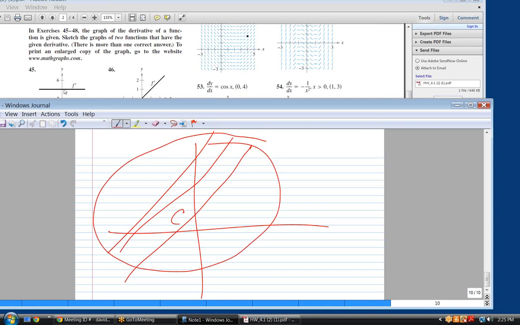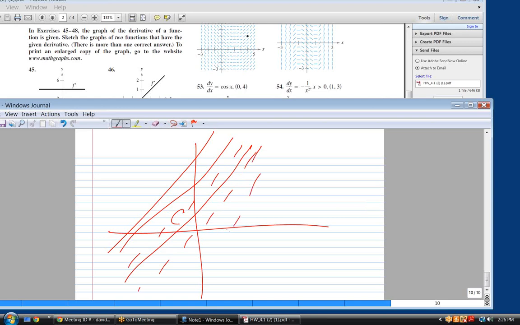In other words, the antiderivative in 45 is a line with a slope of 4 that goes through an infinite number of y-intercepts. So if you were to plug this in and find the slope field, its slope field would look just like this. Be a bunch of dashes, all with a slope of 4.